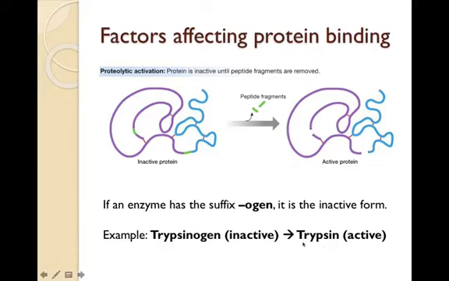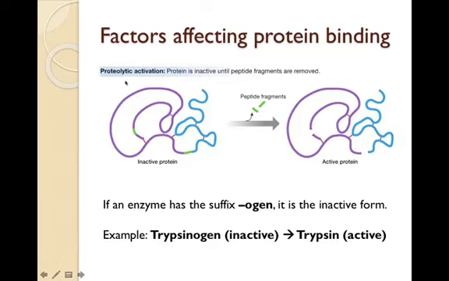If it's activated too early, it's going to start breaking down your own cells. So we're going to talk about this in a lot more detail in the GI section. And I'll also talk about, within the GI section, what happens when this gets activated too early. And there are some disease processes that result from trypsinogen being activated too early.